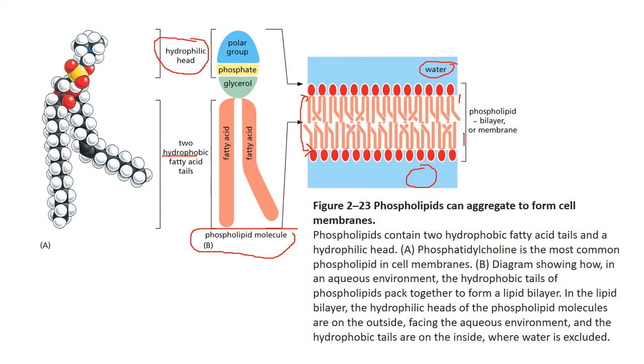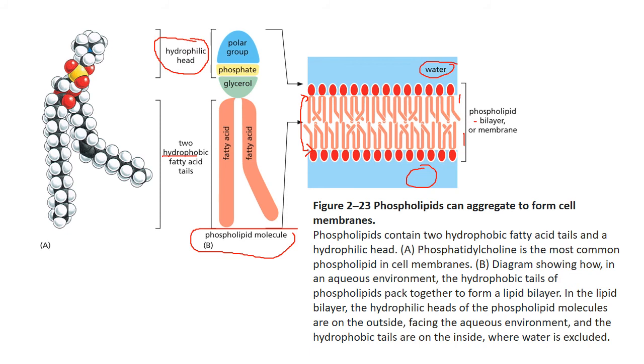Now, one of the main reasons why this is such a brilliant setup is because it turns out that the phospholipid, with its combination of hydrophilic and hydrophobic quality, is one of the main reasons why cell membranes have a selective permeability. They will be able to control what comes in and what comes out. If the membrane was fully hydrophilic, then anything would just float in and out of the cell.